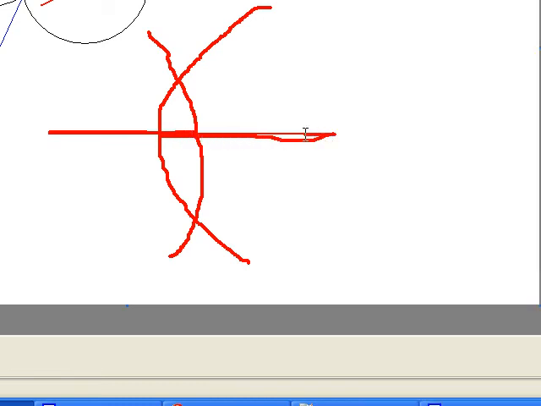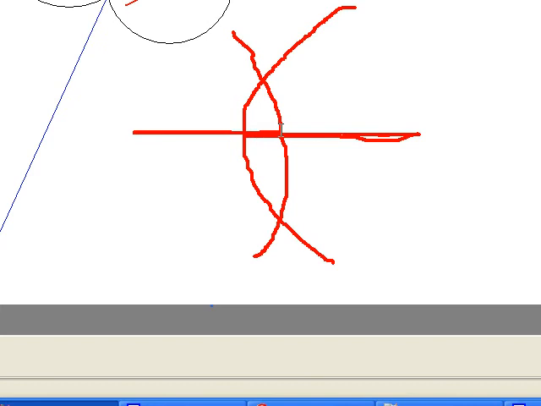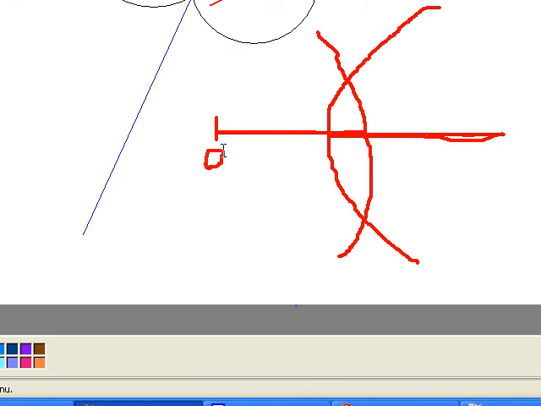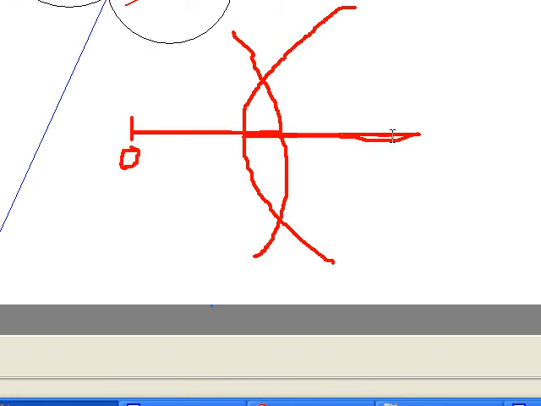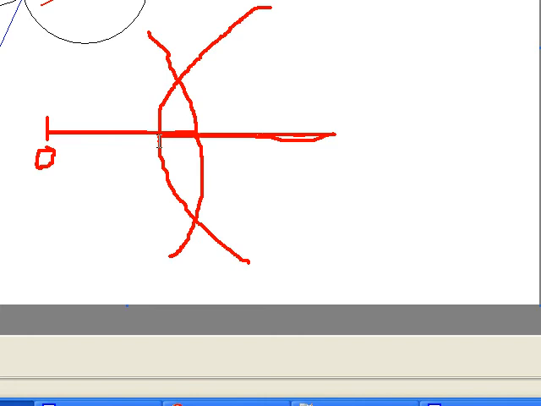We need to do something with these numbers. Pretending this is 0, this position is going to be the distance minus circle 2's radius. So if we know this number and this number, it's just that minus that to give us this, and then we add them together and divide by 2 to get the average.